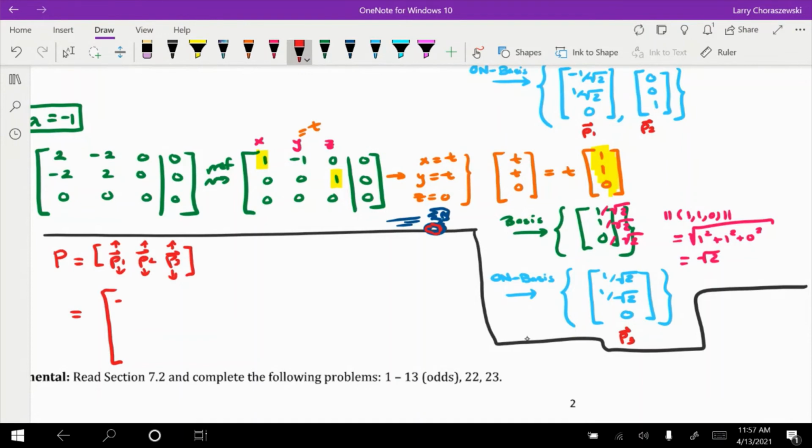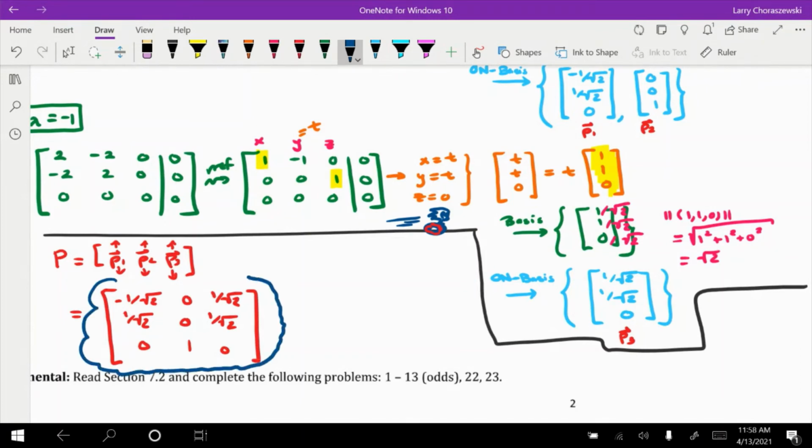So the first column is -1 over radical 2, 1 over radical 2, and then 0. Second column is 0, 0, 1. And third column is P3, which corresponded to lambda equals -1. Okay, so this would be the matrix P that orthogonally diagonalizes the matrix A.